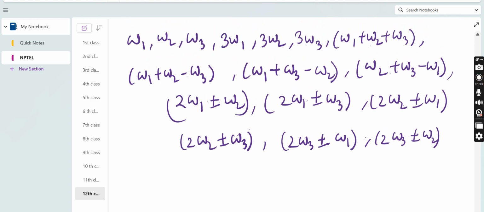So these are 22 frequencies, and these frequencies have also negative frequencies.